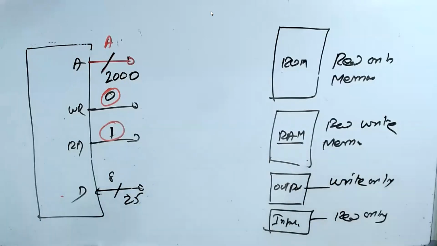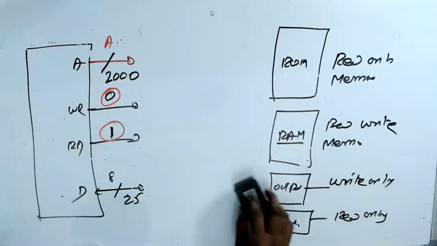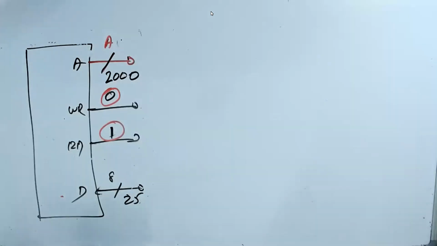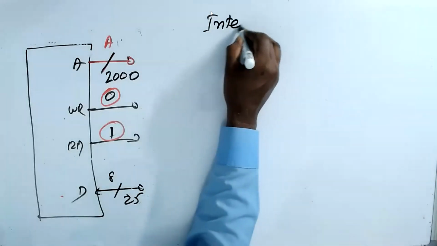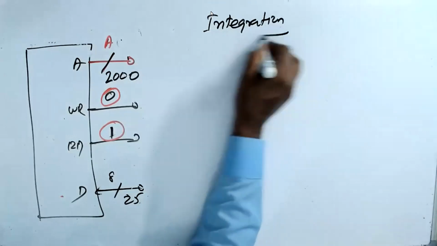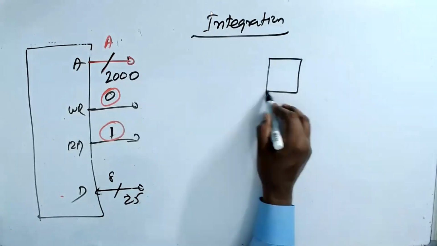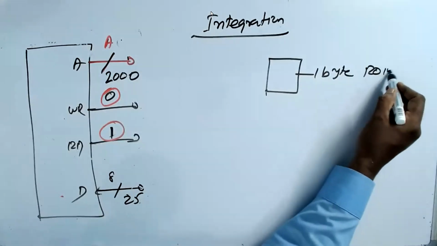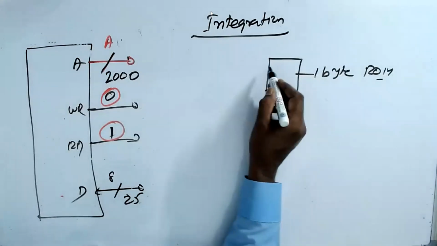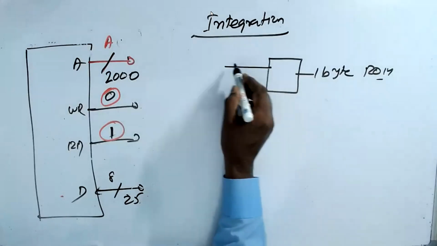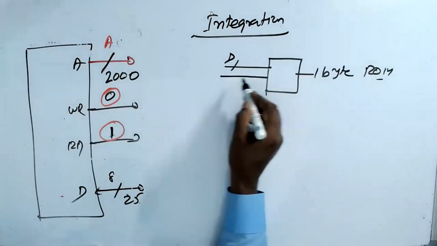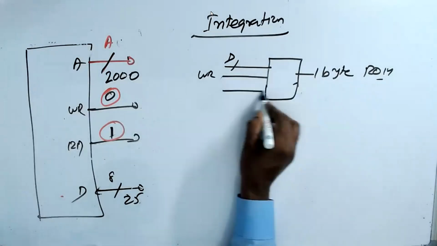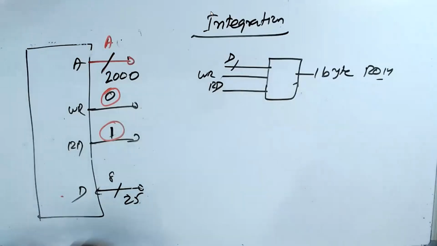Now the engineers did a beautiful thing because of integration. I take one unit, 1 byte. I have signals: data, write and read.